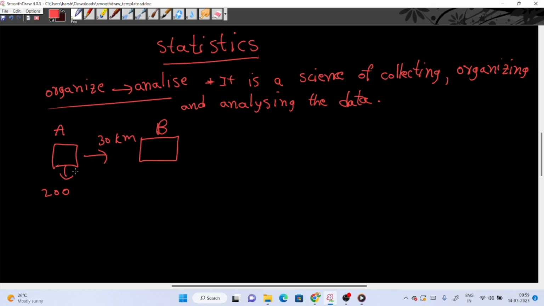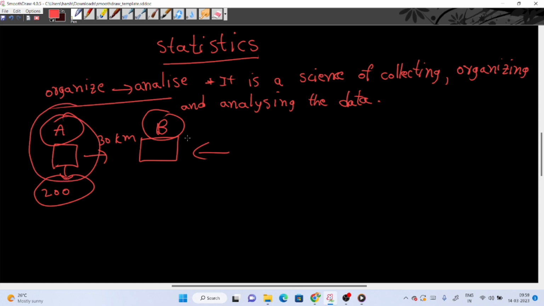So they will check all the data, how many people were near the area B out of these 200 people. They will also check that if the store is kept in the second place called B, how many new customers would come there to buy products. So based on all the available data from store A and external data from location B, they can easily find out whether it is profitable to start a store at place B or not.